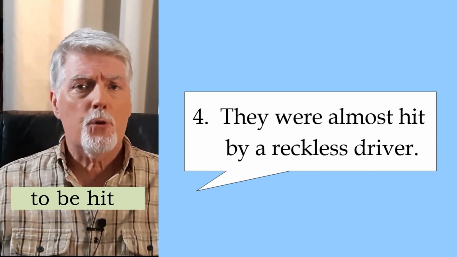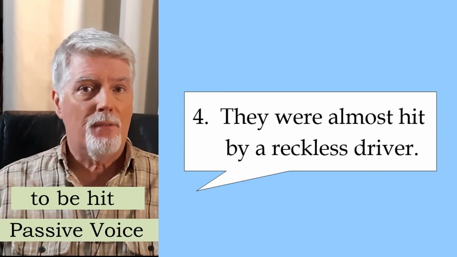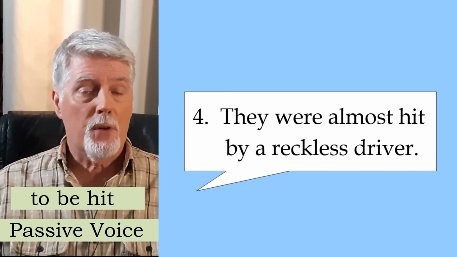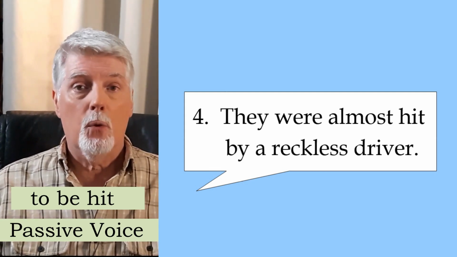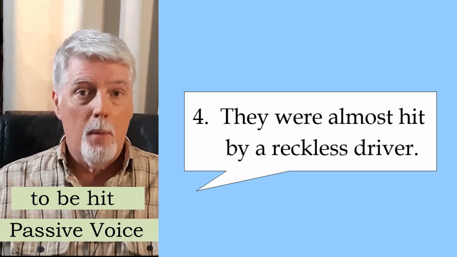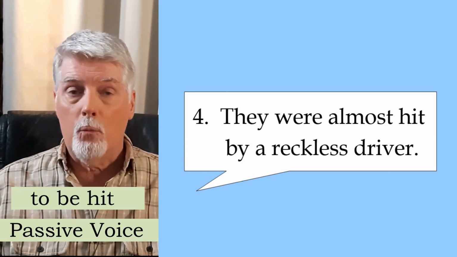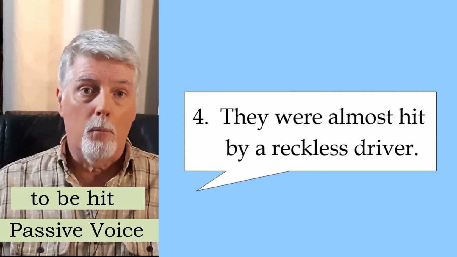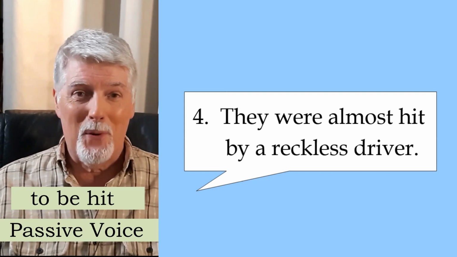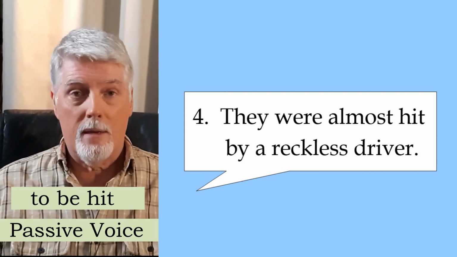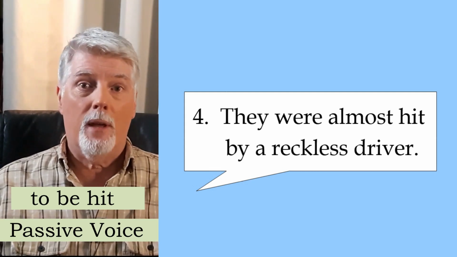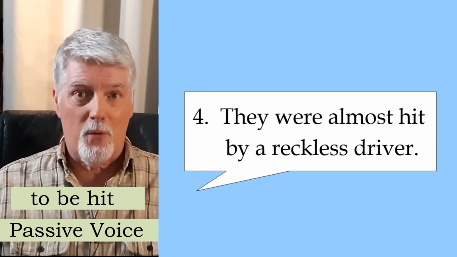Now, to be hit is the passive voice of the verb to hit. If you hit someone, you are the active agent. But here in this situation, someone, here it is probably more than two people, more than one person, I should say. So they were hit. They were hit, the passive voice. They were hit by a reckless driver.